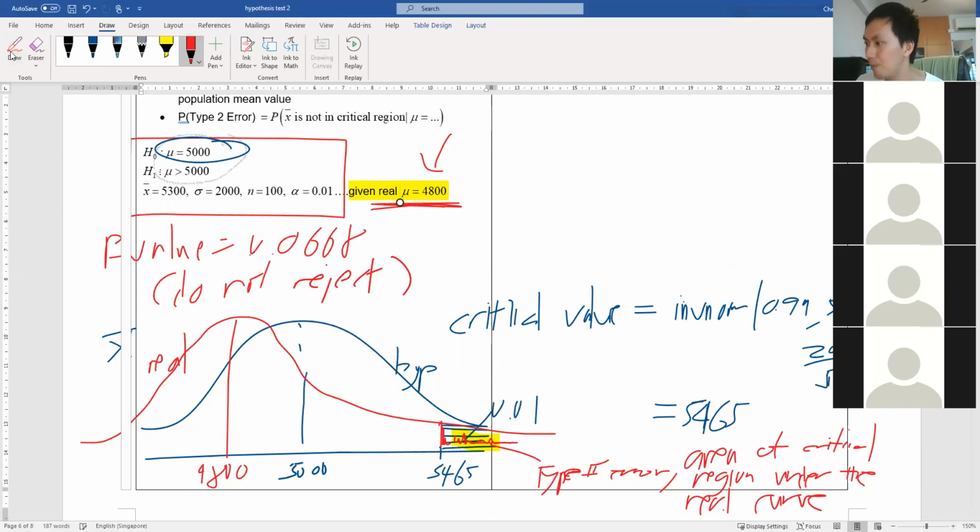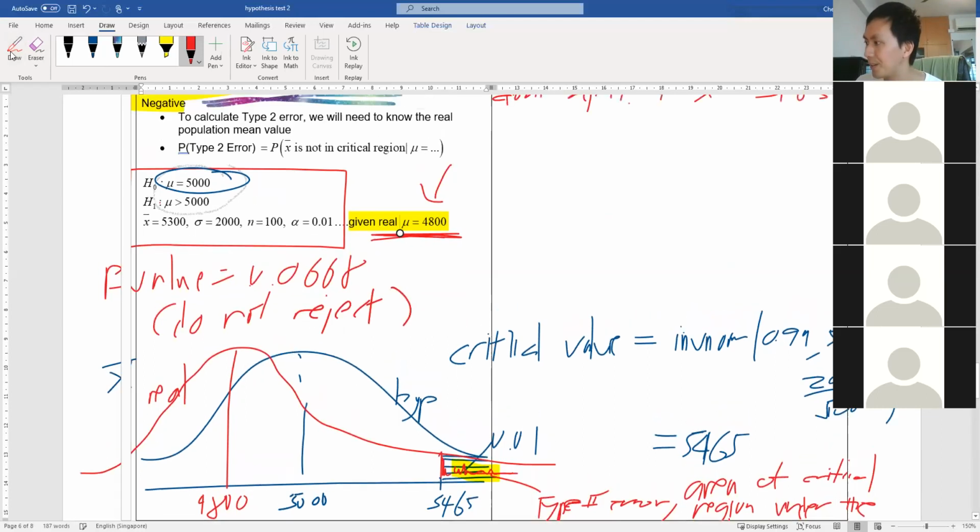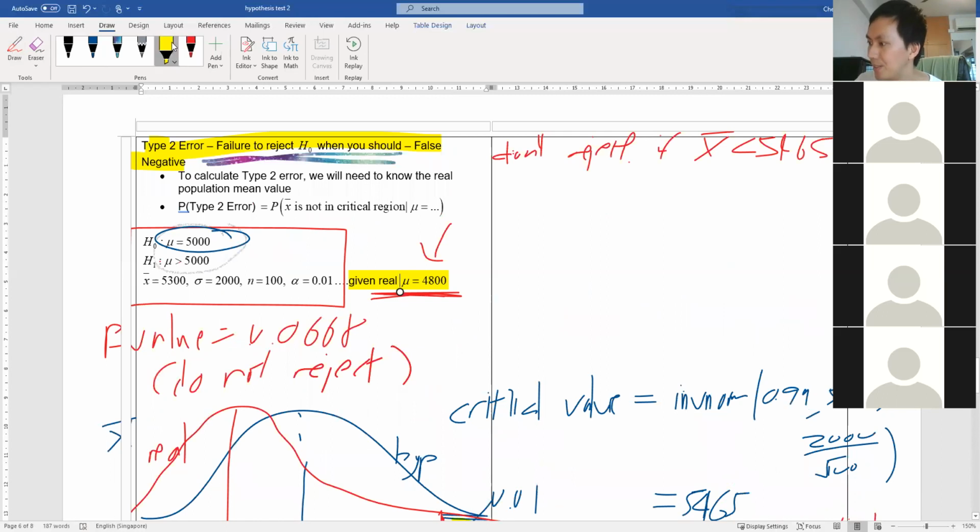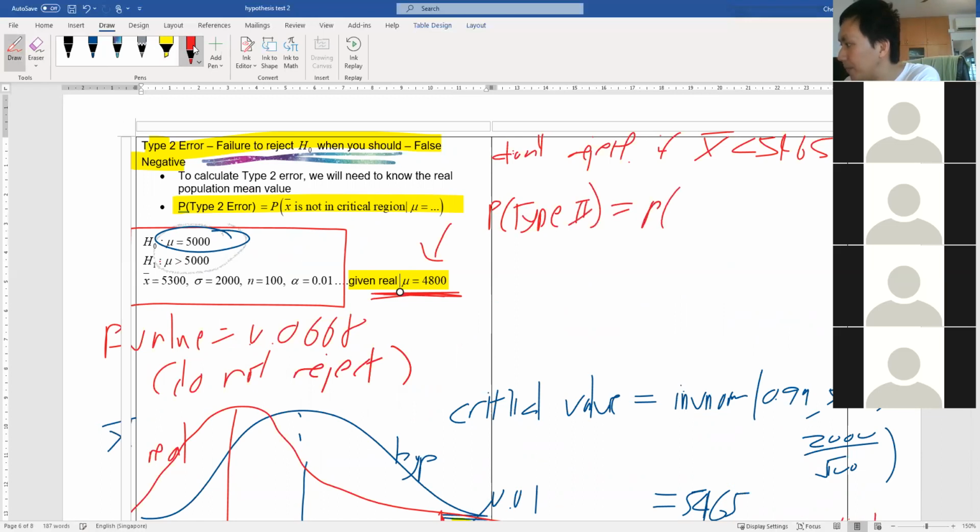So if you come back to the definition that we have over here, it's actually like this. How to calculate the probability of a type 2 error? The probability of type 2 error is equal to the probability X bar is less than 5465, because that's the rule of non-rejection, given that mu is indeed 4,800.